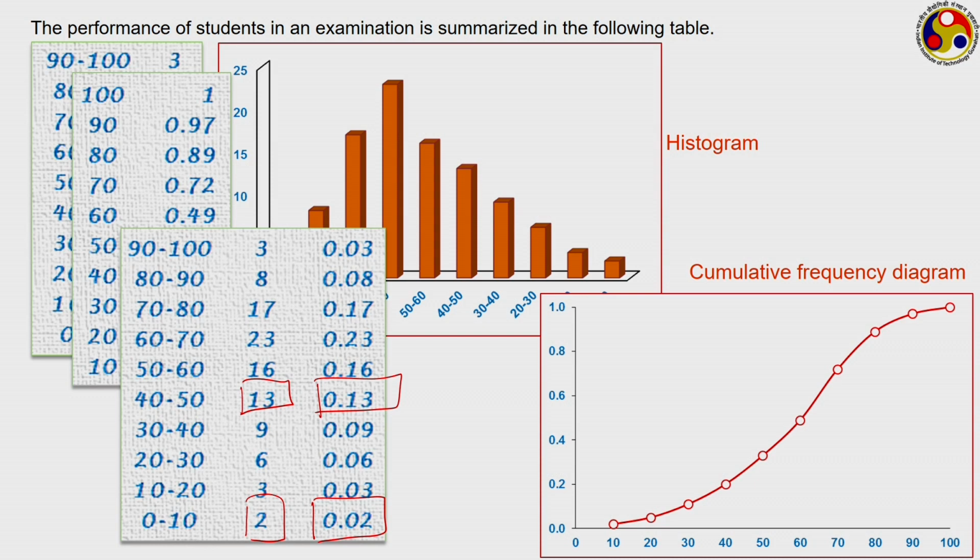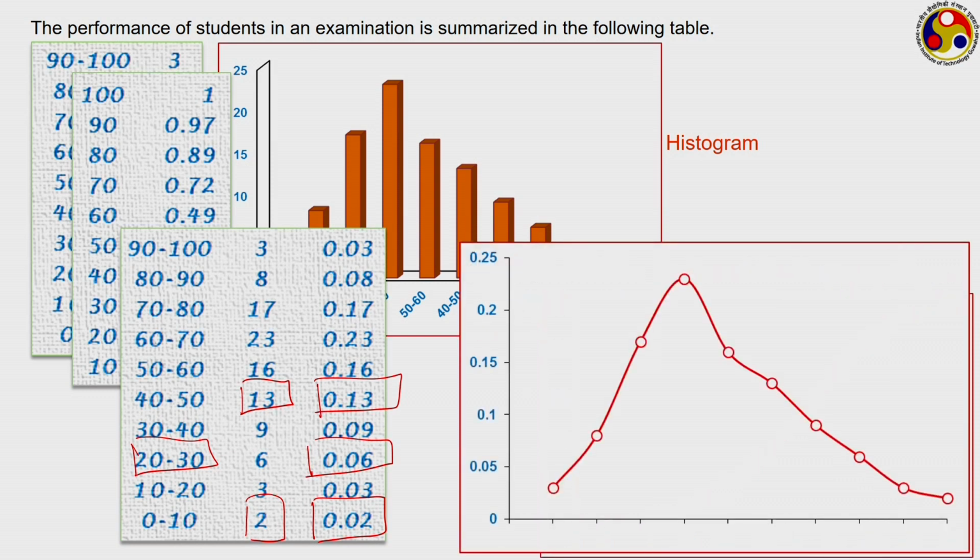Like the frequency of a student appearing in the interval of 20 to 30 is 0.06 or just 6%. So, once we plot that with respect to the individual intervals, we get a distribution like this. It clearly shows at which interval what is the frequency of appearing.